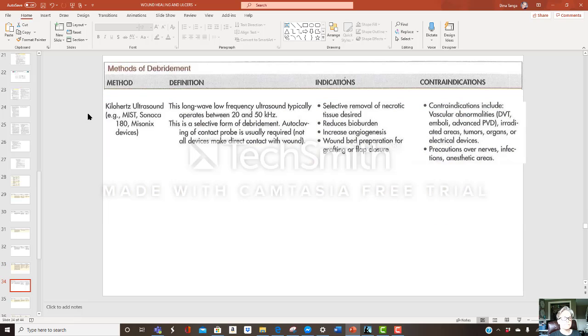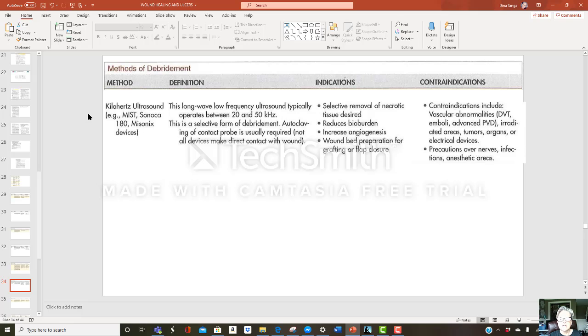Methods of debridement: kilohertz ultrasound, MIST, M-I-S-T. This long-wave, low-frequency ultrasound typically operates between 20 and 50 kilohertz. This is a selective form of debridement. Autoclaving of contact probe is usually required. Not all devices make direct contact with the wound.